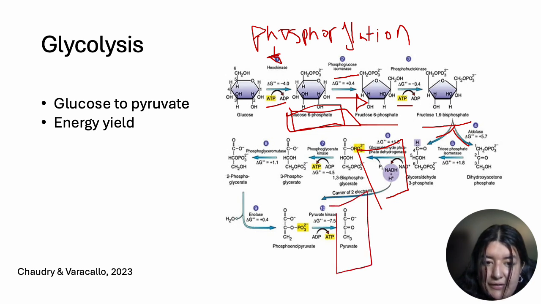Yay, pyruvate. At the end of glycolysis, from one molecule of glucose, we started with glucose. There is a net gain of 2 ATP molecules and 2 NADH molecules.